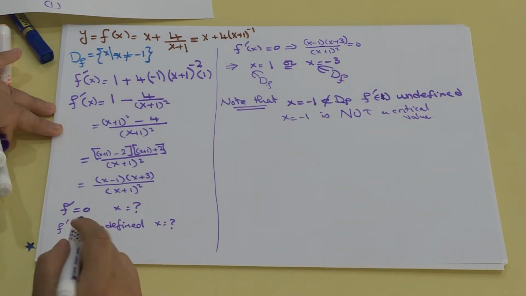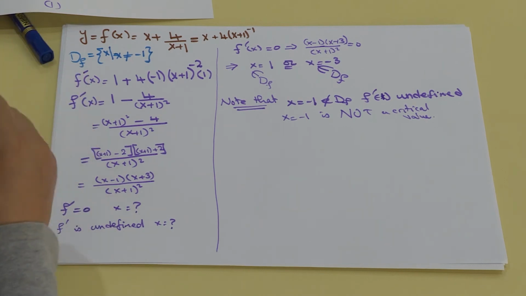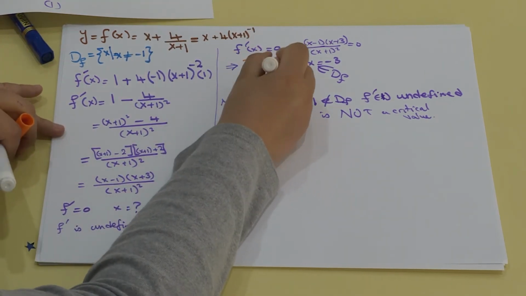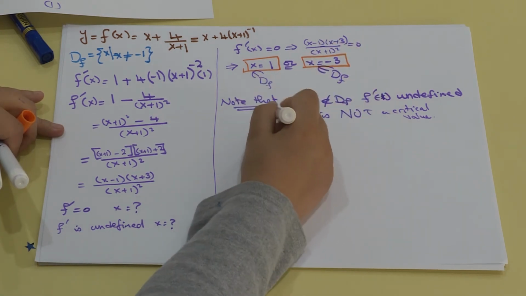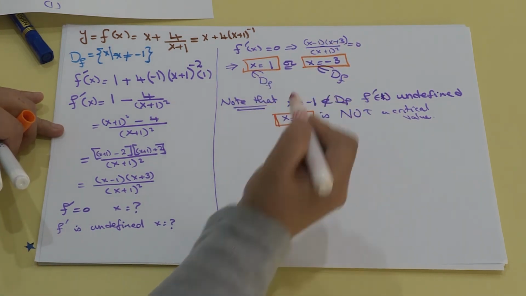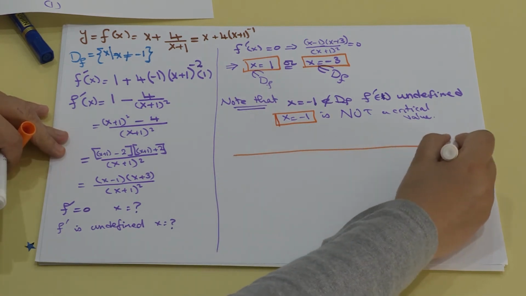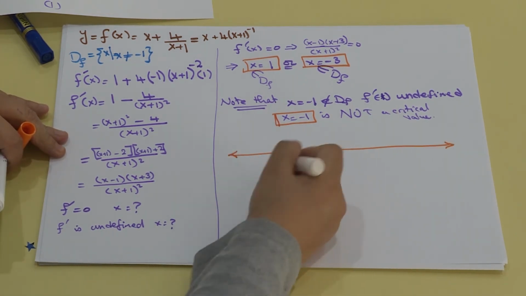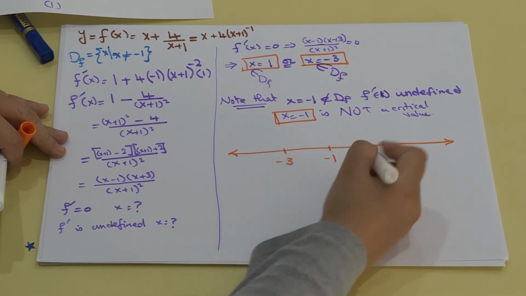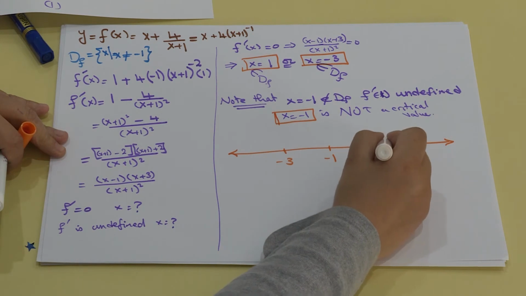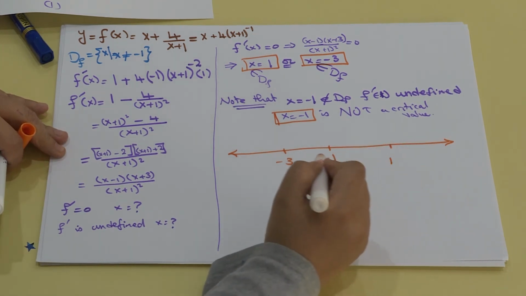Now we take everything to the real line. And I mean by everything, this x equals 1, this x equals minus 3, and also the x which is equal to minus 1, and I put them on the real line. I have minus 3, minus 1, and 1.